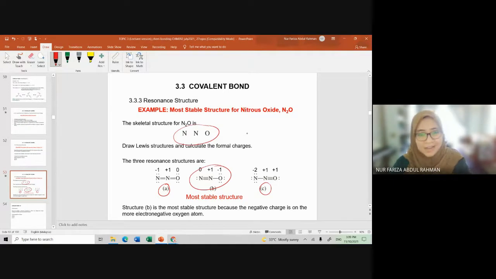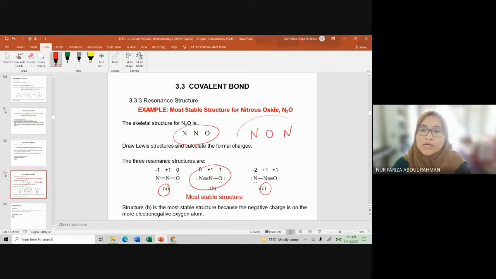So these are options for resonance structure. Resonance structures are like options for atoms to achieve octet. That is very important in order to know whether it is a resonance structure or not. Let's say suddenly instead of NNO, you have NON.